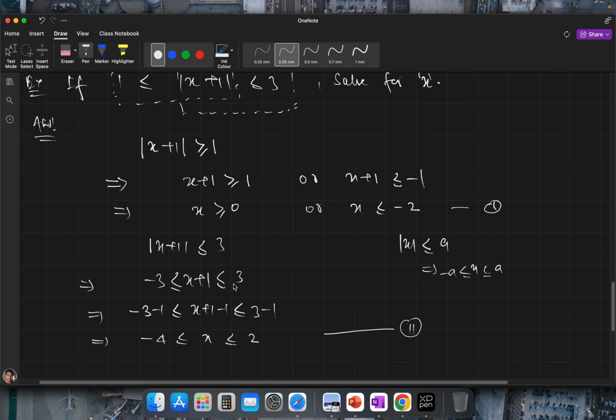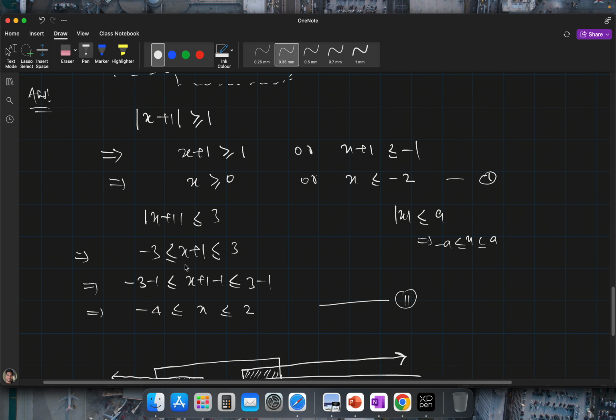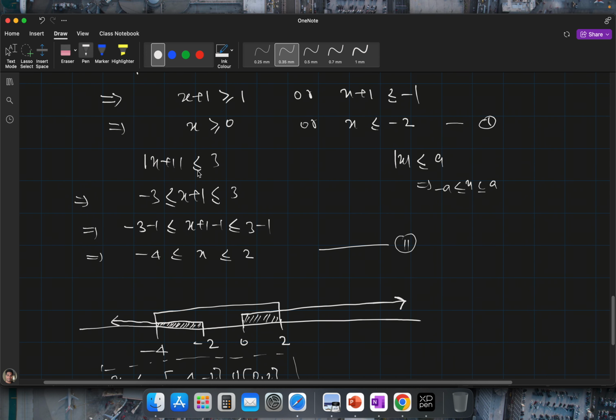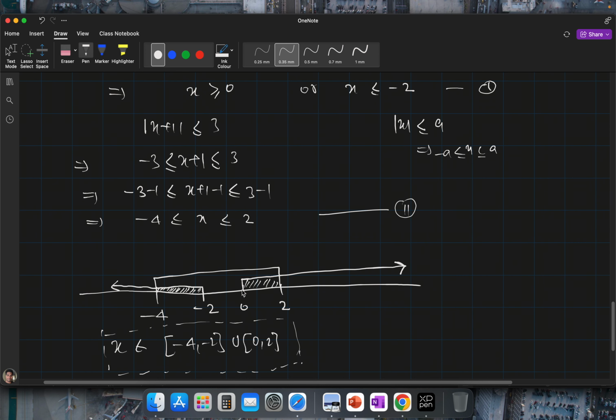So the solution will be minus 3 to 3. Now add minus 1 on both sides, so minus 1 and minus 1. This will be cancelled out. This will be minus 4. This will be 2. So the solution of this inequality will be between minus 4 and 2. So that's why you get this solution set. It's fine.